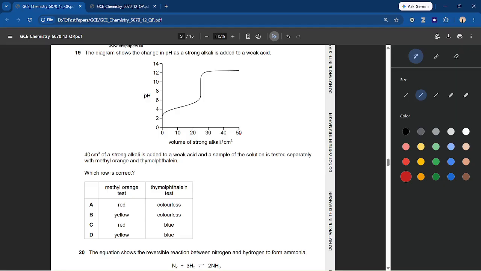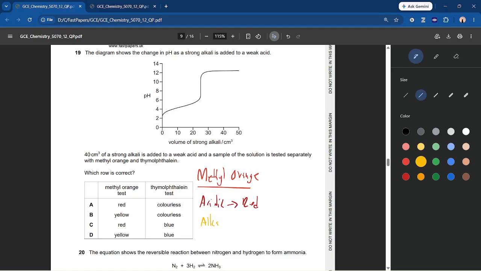The diagram shows the change in pH as a strong alkali is added to a weak acid. 40 cm cube of a strong alkali is added to a weak acid sample solution set separately with methyl orange. Alright, so let's first write down the color changes for all of these. So for methyl orange, when it's acidic, it's red. And when it's alkaline, it's yellow.